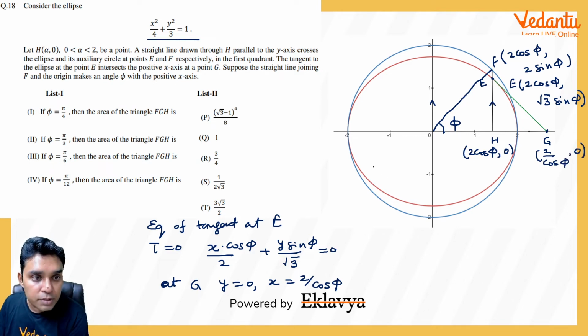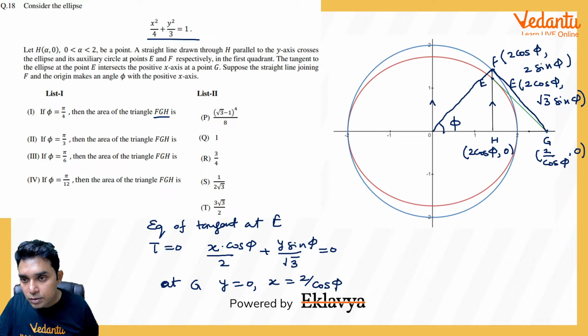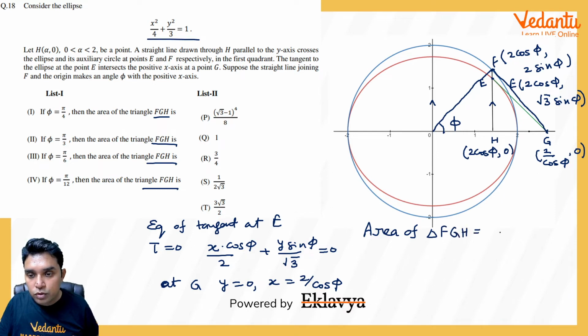Now, my options in list 1 are, if phi is pi by 4, then the area of the triangle FGH. They are talking about the area of the triangle FGH, not EGH, FGH, like this. And in all the options, the area of the triangle FGH is asked. So if I write the area of this triangle FGH, we can use half base into height. Base can be HG, that is parallel to the x-axis, and height will be HF, which is parallel to the y-axis.